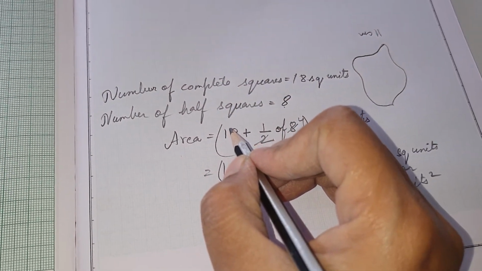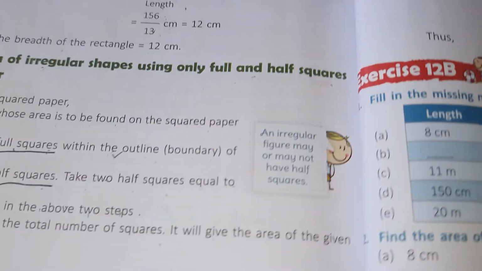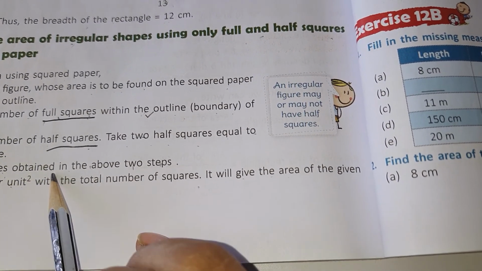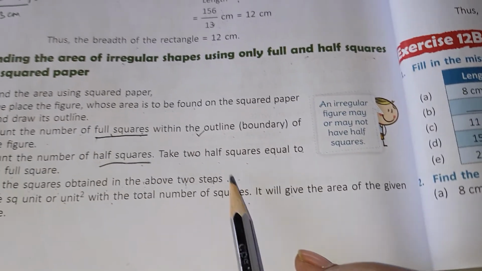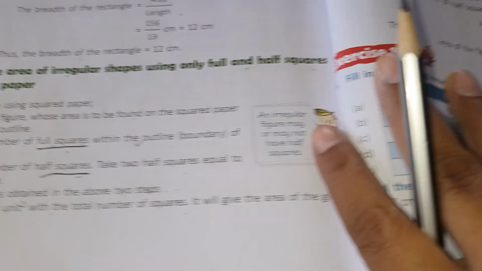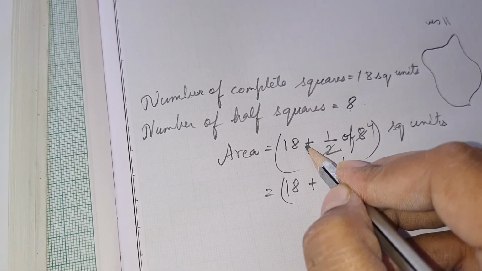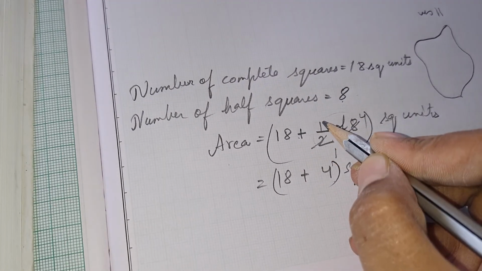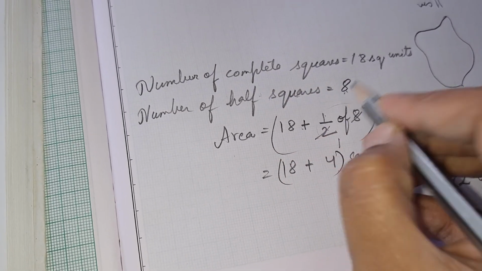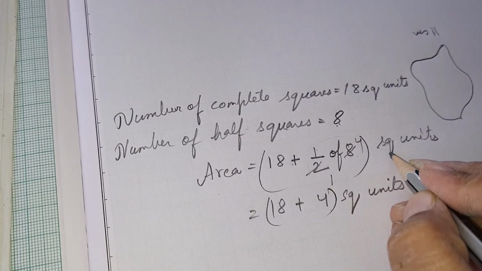How do we find the figure area now? We have to add the squares obtained in the above 2 steps, that is the full squares and the half squares. So we add 18 plus half of 8 square units.